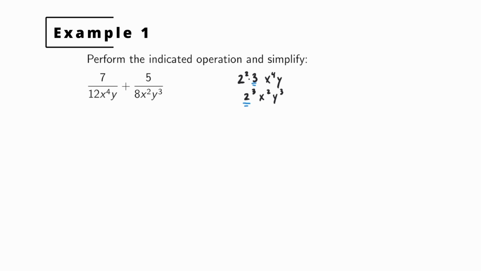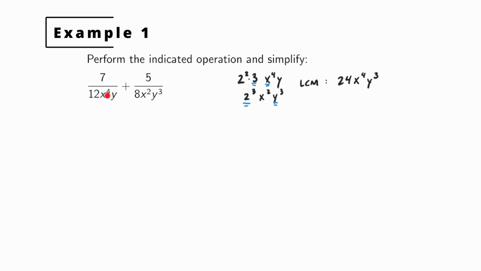We have x to the fourth is the greatest power of x, and y cubed is the greatest power of y. So the least common multiple would be 8 times 3, so that's 24, x to the fourth, y cubed.